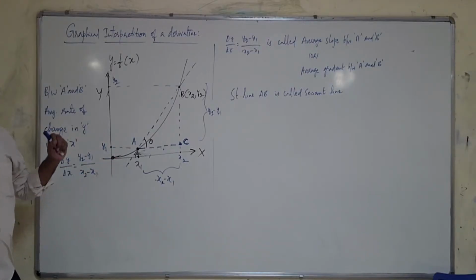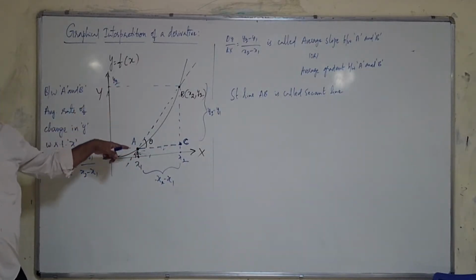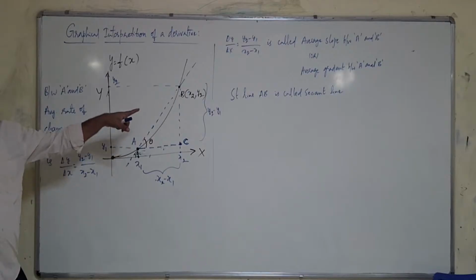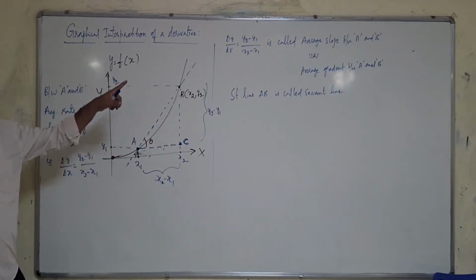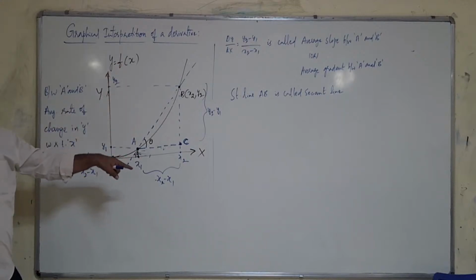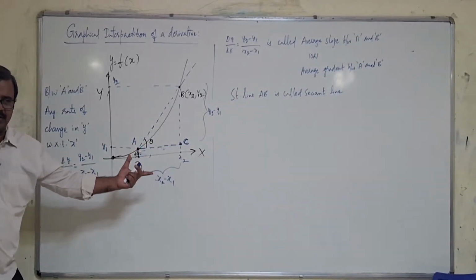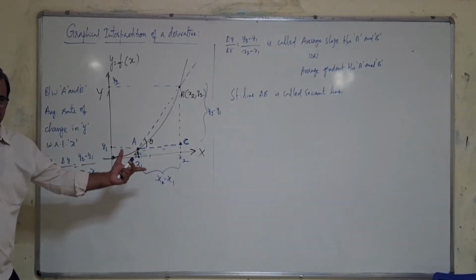Now, can you see the right-angled triangle ACB here? What is the opposite side of theta? BC. And what is its length equal to? Y2 minus Y1. What is the adjacent side of angle theta? AC. What is its length equal to? X2 minus X1.